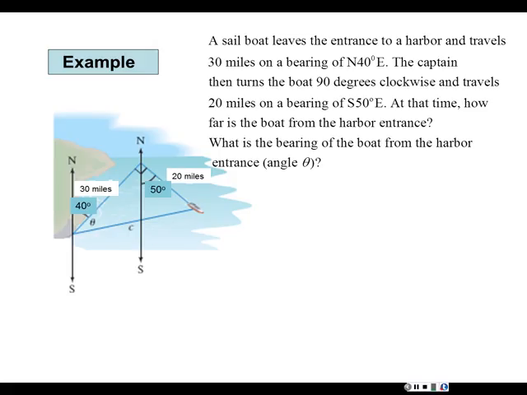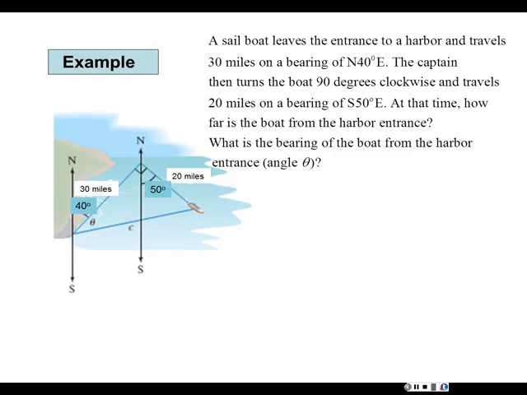So if you are looking for c, it is going to be the square root of 30 square plus 20 square, which is going to be 900 plus 400, so square root of 1300.